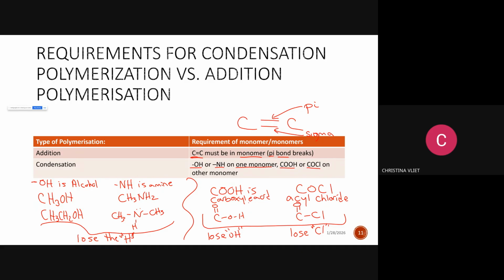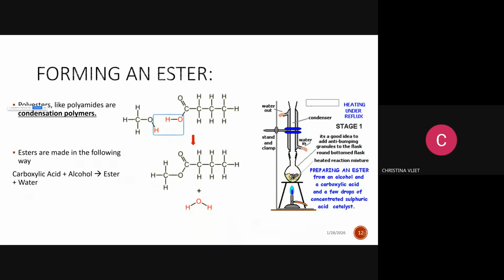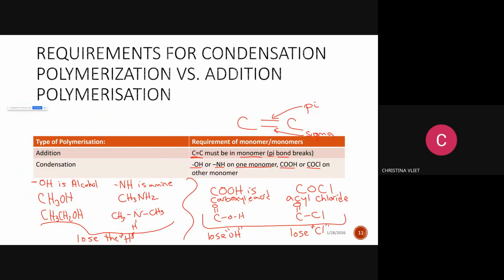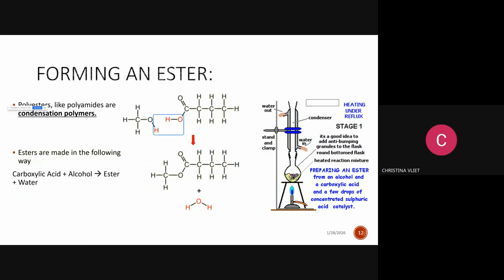All right, so how do we do that in application? How would we do a condensation reaction? Before we do condensation polymers, which we're about to see, we need to know how to do a condensation reaction. Polyesters and polyamides are two we're going to look at in a little bit. They're both called condensation polymers. What you're doing is taking the H away from the alcohol, taking the OH away from the carboxylic acid, and then merging the two together to make an ester.